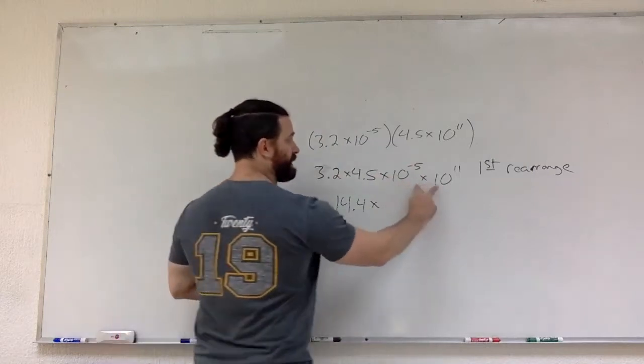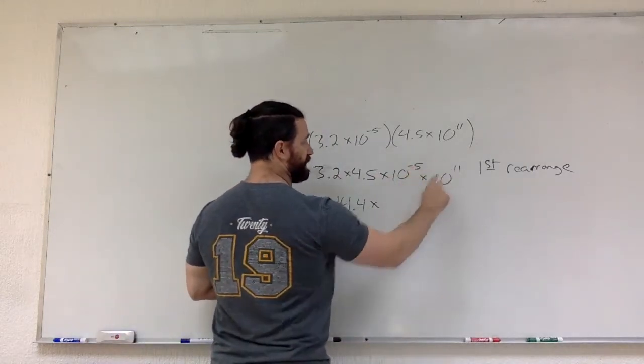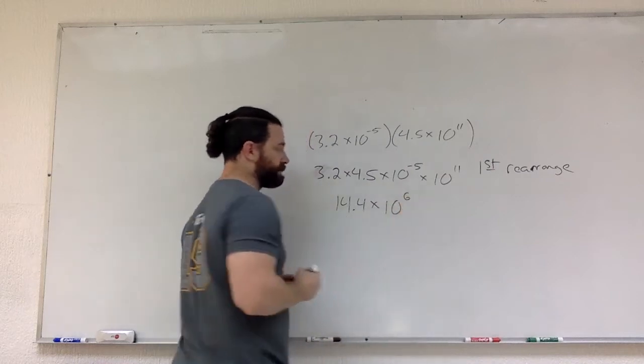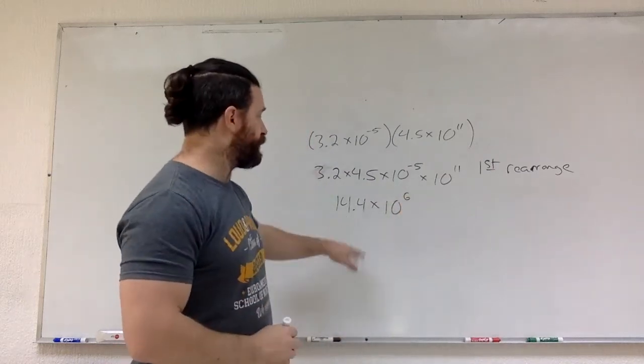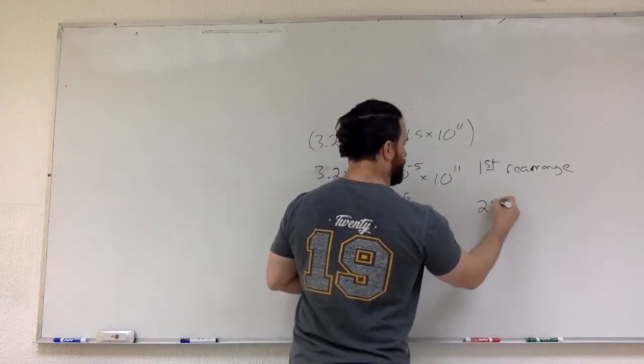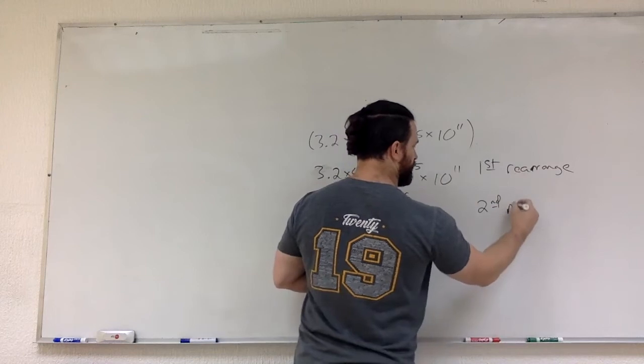So I can just add negative 5 plus 11. That's going to make positive 6. So I get 10 to the 6. After we multiply, next, so that was the second step. First was rearrange. Second step was multiply.